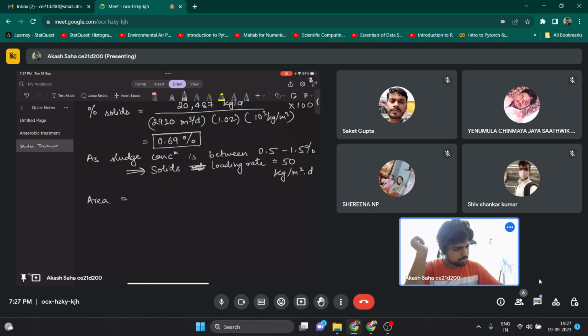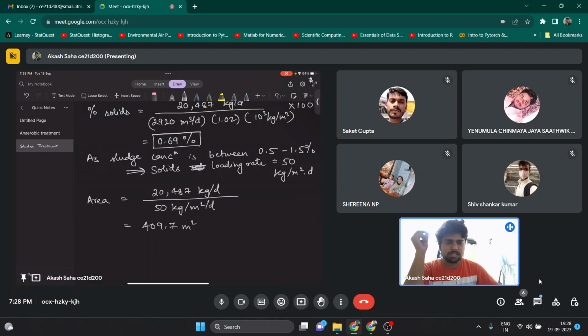Area will be again the total solid content, that is 20487 kg per day, divided by the solid loading rate, kg per meter square per day. So my kg and day will get cancelled, and I will only get meter square. So it will be around 409.7 meter square.